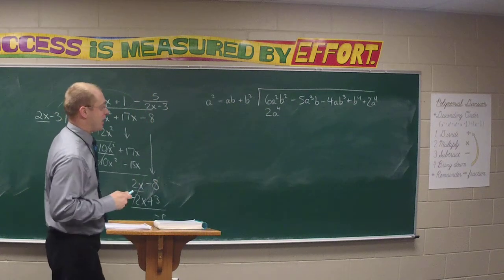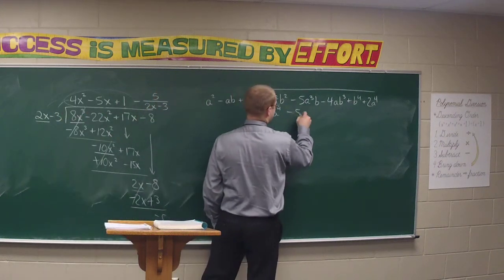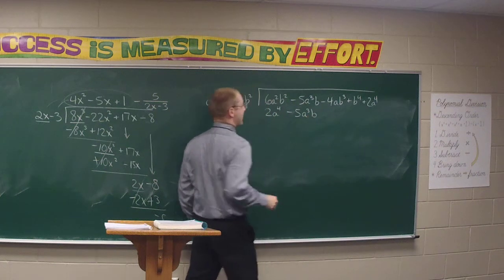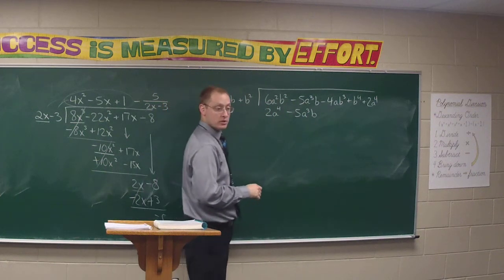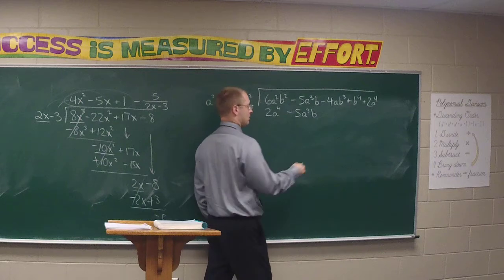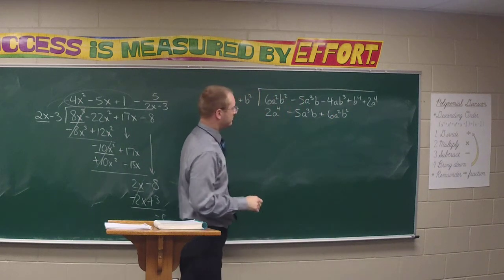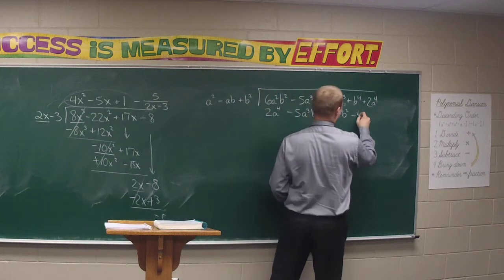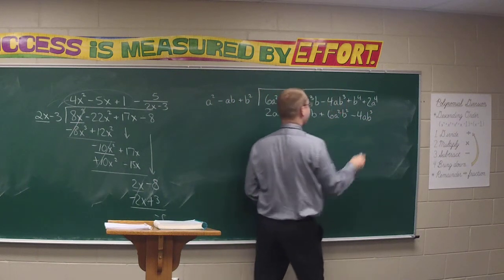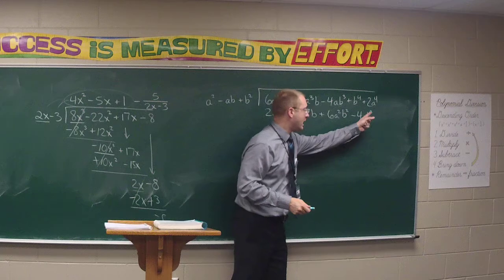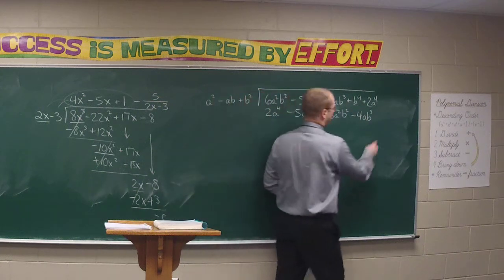What's the next highest power? The negative 5a cubed b. Then the next highest power of A? The 6a squared b squared. And then? Negative 4ab cubed. And then finally, we've got 4, 3, 2, 1. B to the fourth. Gone. Positive b to the fourth.